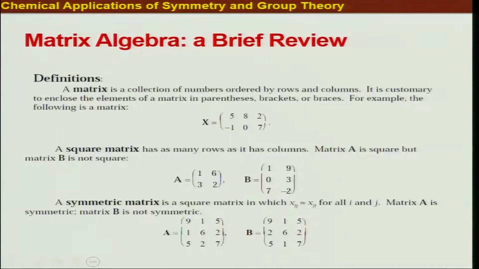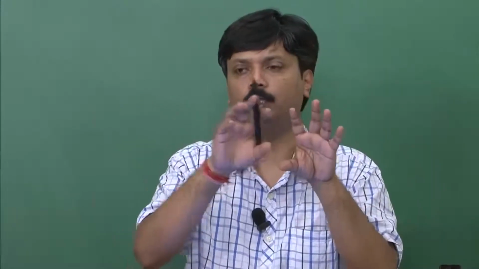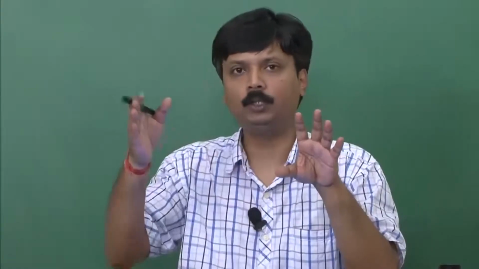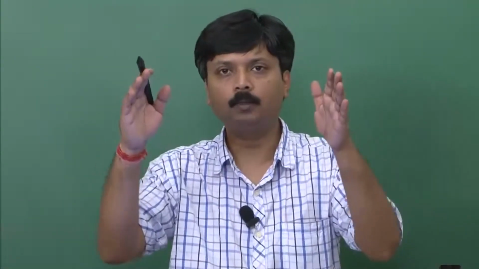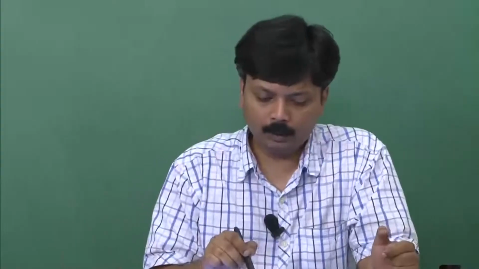First we will deal with certain definitions. In the first place, we have to know what a matrix is. If you look at your screen, the definition is given there: a matrix is a collection of numbers ordered by rows and columns. So if you have some numbers ordered in rows and columns, it's an array, and it is presented with the numbers written within parentheses.